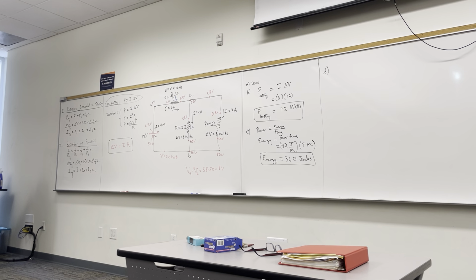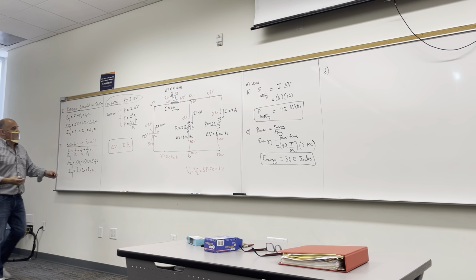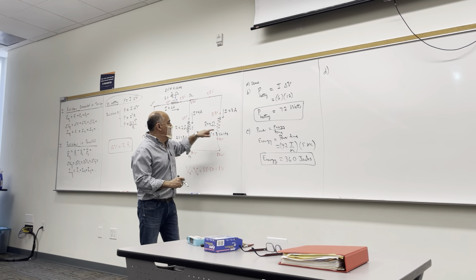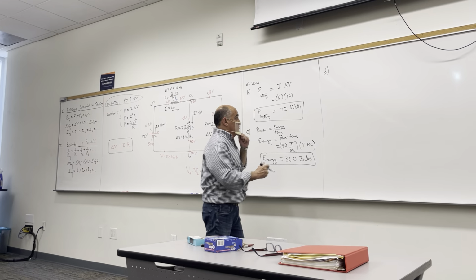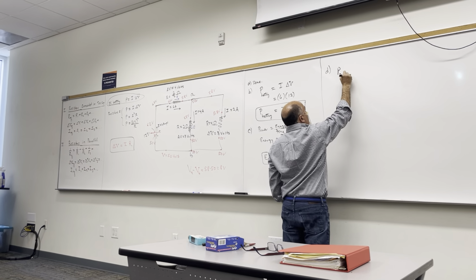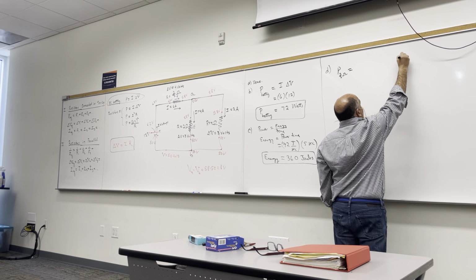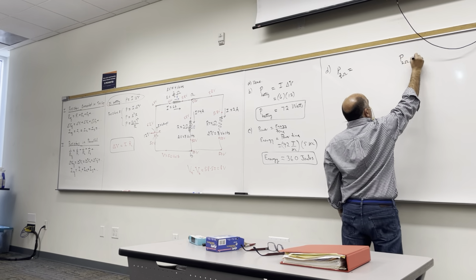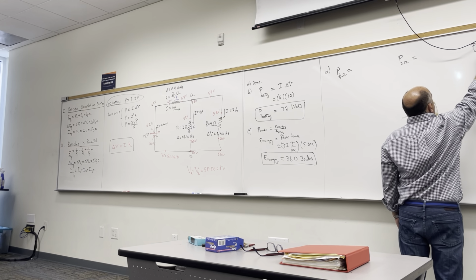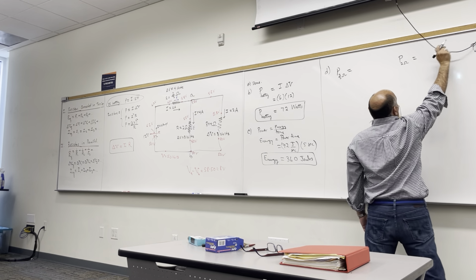D, calculate the power dissipated by each resistor. Well, I have 3 resistors: 2/3 of an ohm, 2 ohms, and 4 ohms. So what is the power dissipated by the 2/3 ohm resistor? What's the power dissipated by the 2 ohm resistor? And what is the power dissipated by the 4 ohm resistor? That's what we're being asked.